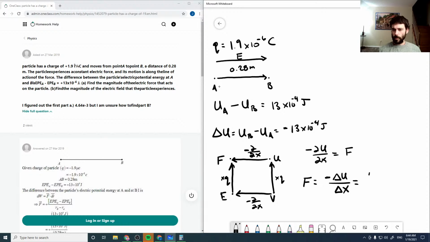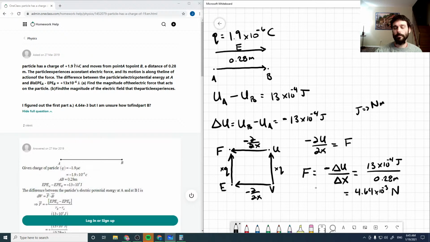So in this case, it would just be 13 times 10 to the minus 4 joules over 0.28 meters, which comes out to be 4.64 times 10 to the minus 3. And now a joule is a Newton meter, I should say. So a Newton meter divided by a meter is just a Newton. And so that also kind of validates that we're doing something right here, just because the units work out. It doesn't mean it is right, but it's a pretty good indicator.